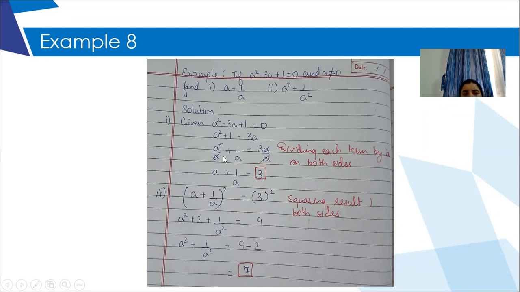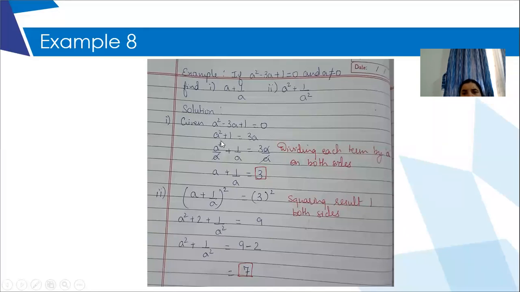Now I divided this complete expression by a. When you divide the complete equation by a, you have to divide all terms by a, all terms of the left side as well as all terms of the right side. So I've written here, dividing each term by a on both sides. When you are dealing with an equation, whatever you are doing, you have to do throughout.